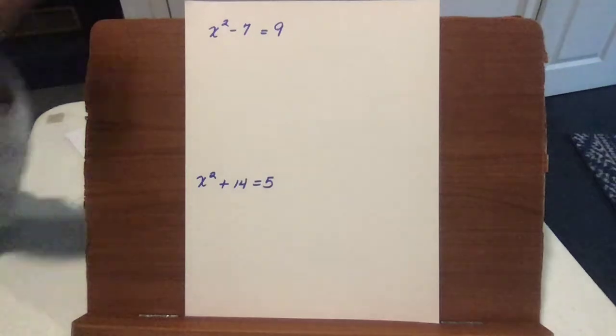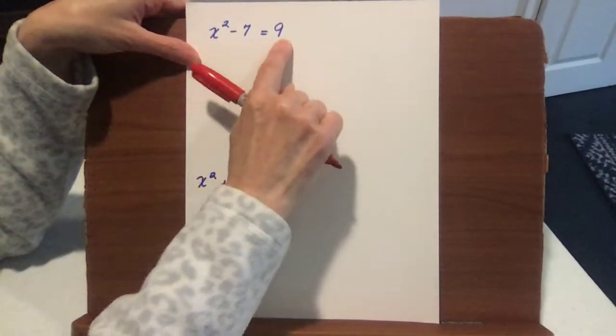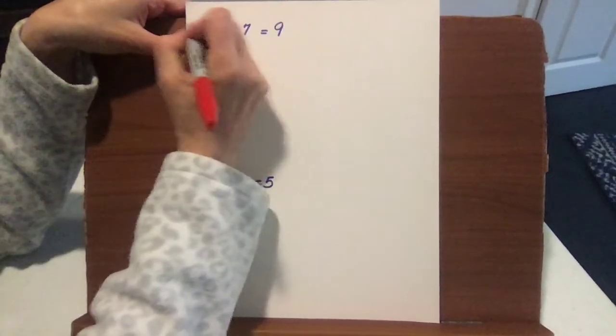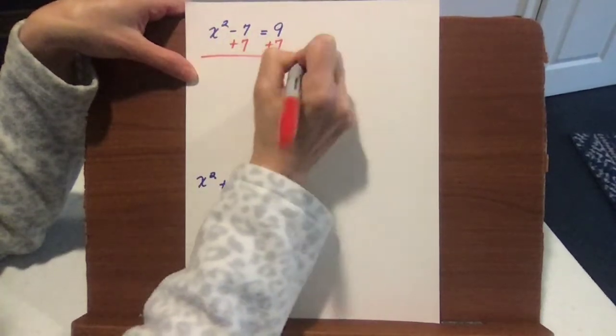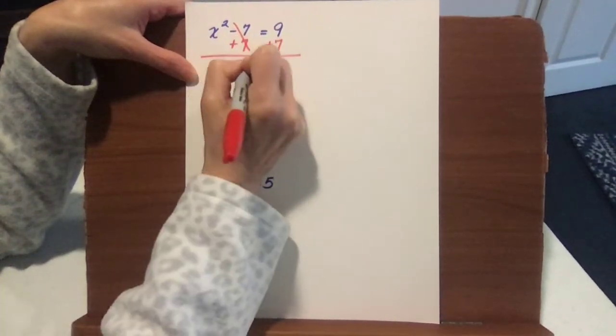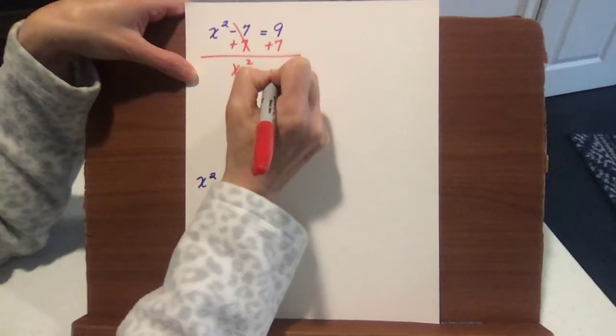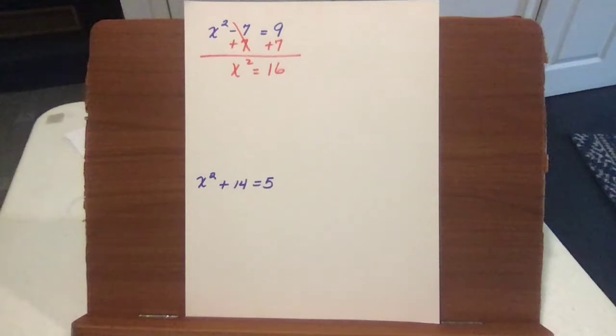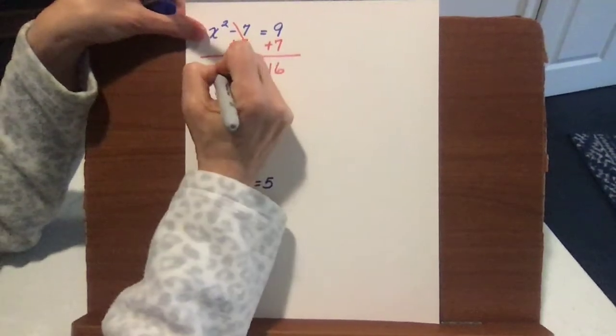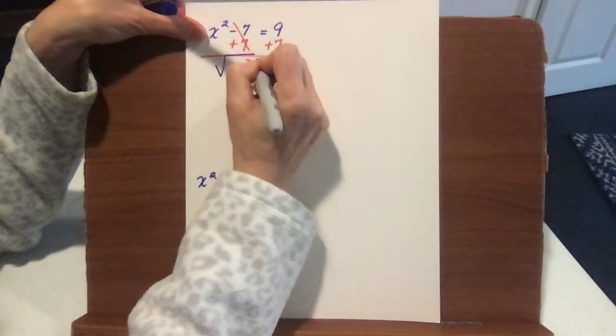Okay, not too hard. x squared minus 7 equals 9. So we've got to get x squared by itself, so we're going to add that 7 to each side. We get x squared equals 16, right? So we're going to take the square root on each side, because x squared equals a positive number, so we're in good shape.